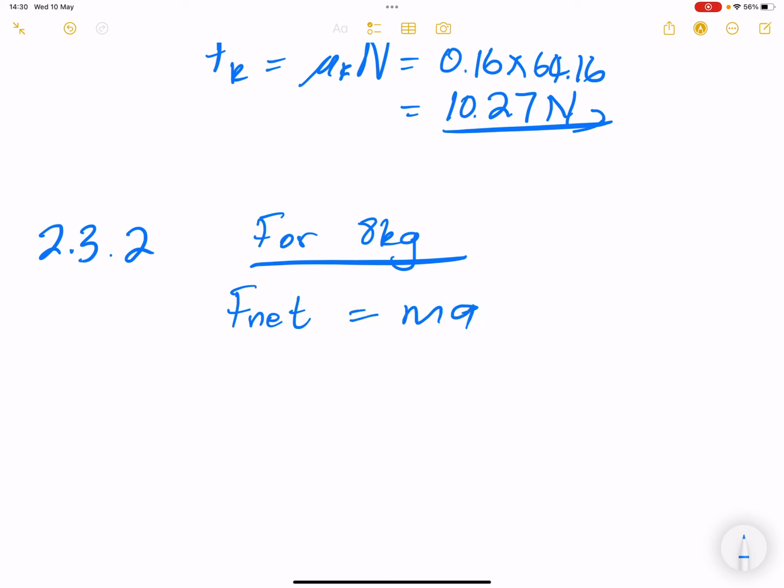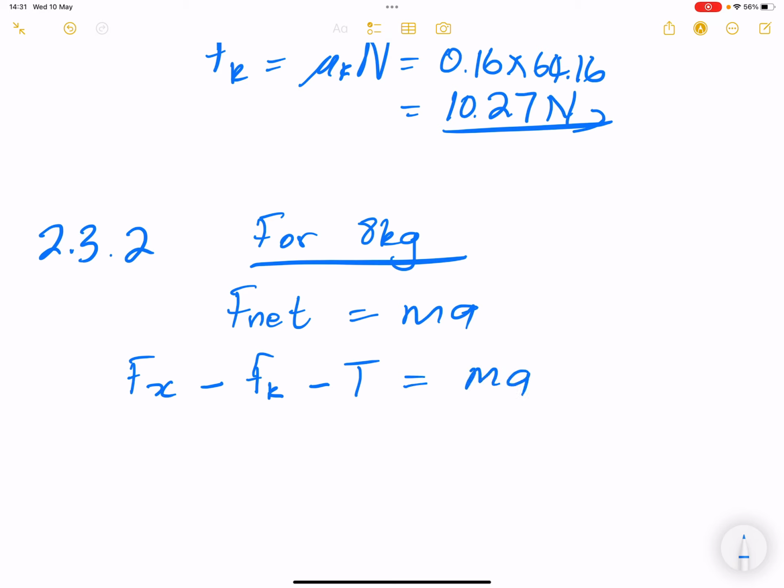What are the forces that we've got? We've got Fx, or you can call it F parallel, or you can call it F horizontal, whatever designation you want to give, right? So that's Fx minus, in this case, the frictional force, right? Minus the tension, and that would give us MA, right?